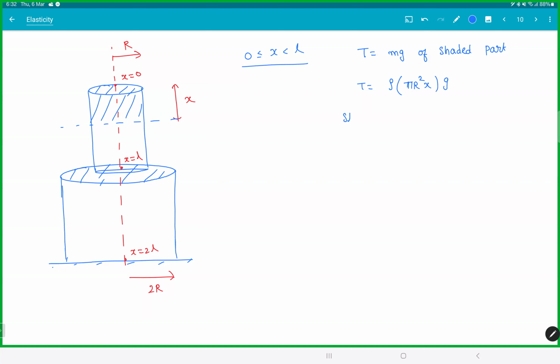So what is stress? Tension by area, which is rho pi r square xg by pi r square, rho xg.